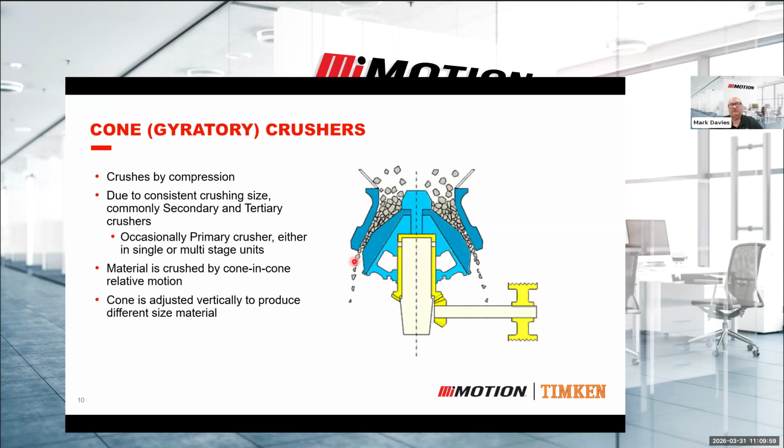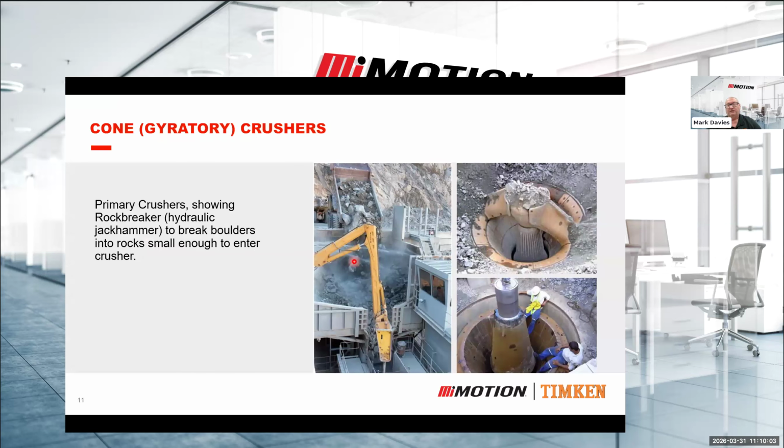But they're normally used in a primary situation like this, where the dump truck is dumping straight into the cone crusher. You can see the different size variation from very, very fine gravel all the way through to large boulders. And it's whatever can fit down that chute and then into the actual throat of the cone crusher there.